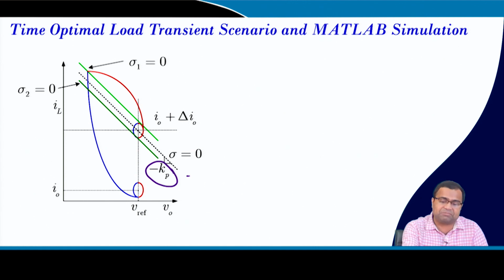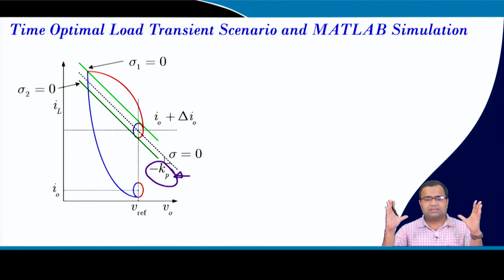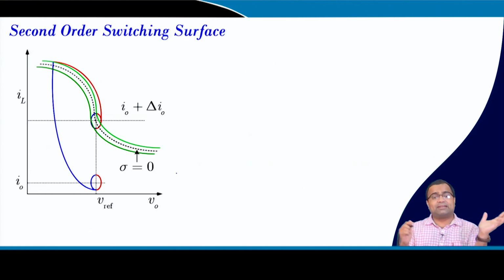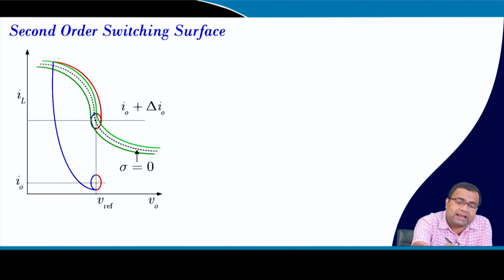So, the choice of Kp is something we need to really take care of, otherwise this may not be a good solution in terms of optimal response. That is one of the objectives in this course: if you frame it into a PID controller and derive this optimal gain, then first order switching surface is sufficient.